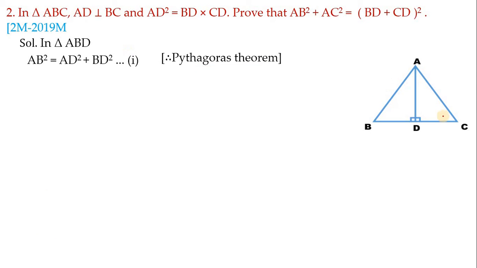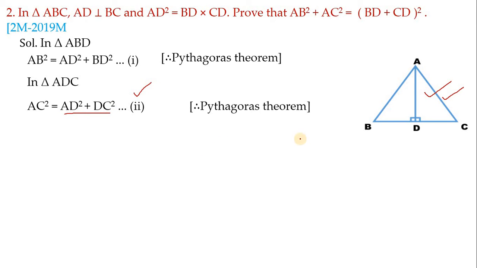Similarly, use Pythagoras theorem for the second triangle. In triangle ADC, which is the hypotenuse? AC is hypotenuse. Hence, AC square is equals to AD square plus DC square. Call it as equation number 2, and same reason. Now, again look at what we wanted to prove. Here on the left hand side, we wanted to get AB square plus AC square.